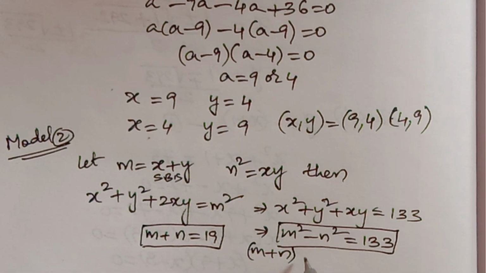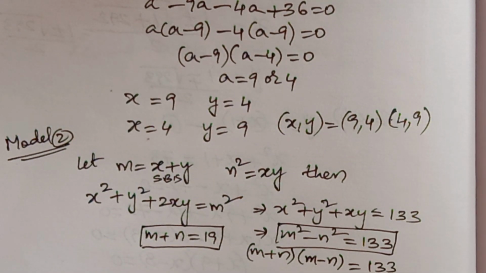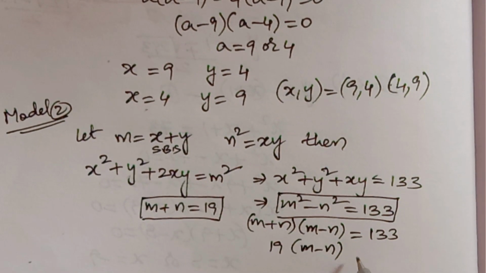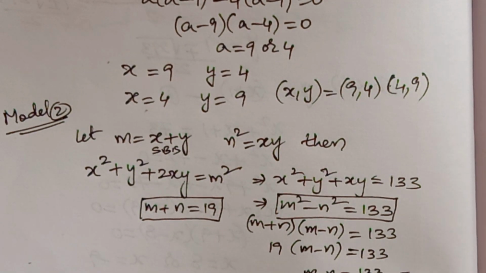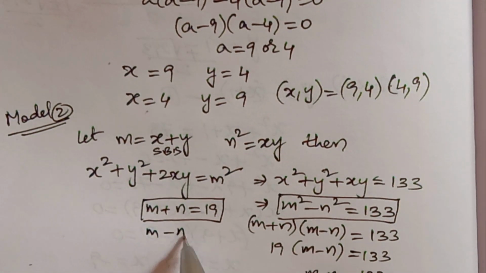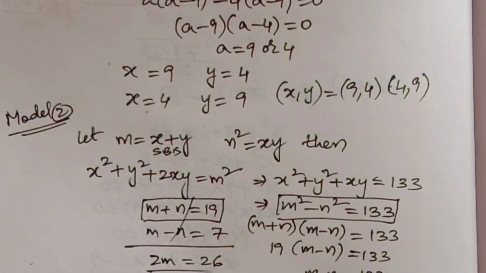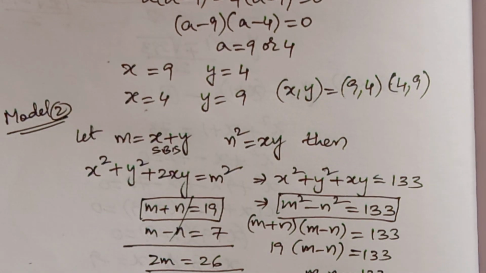So this can be written as m plus n into m minus n equal to 133. So here 19 into m minus n is equal to 133. m minus n is equal to 133 by 19, you are getting 7. Now solving this, 2m is equal to 26, m is equal to 13. So x plus y is equal to 13.